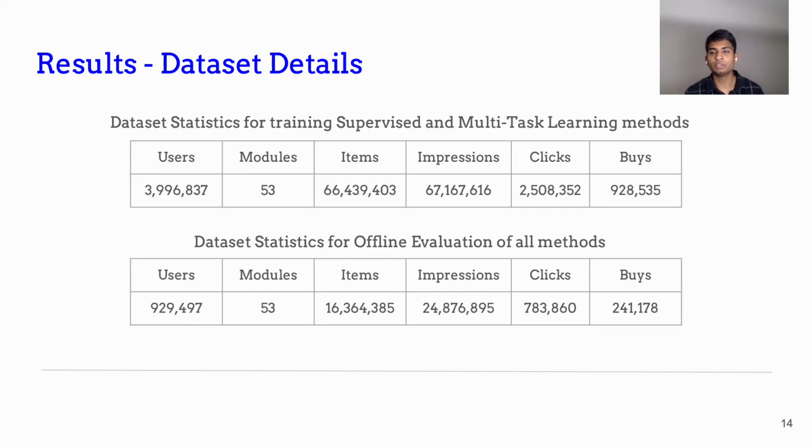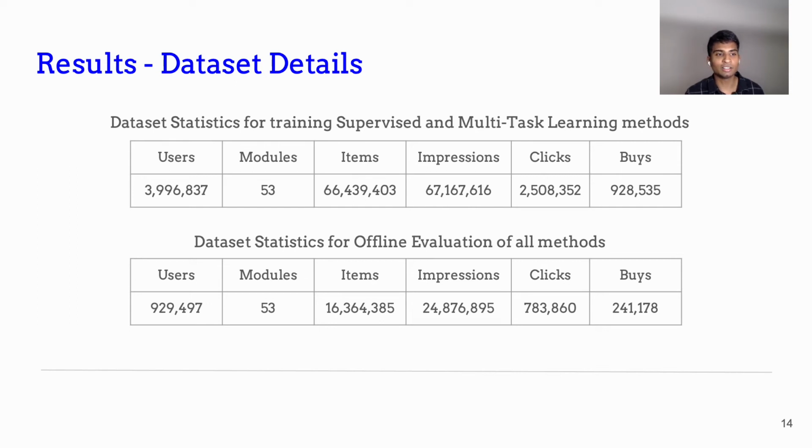While we train the supervised methods and multitask learning methods on an in-house real-world dataset with millions of interactions, our method uses inexpensive simulator-based learning. We then evaluate all the methods on a held-out test dataset.